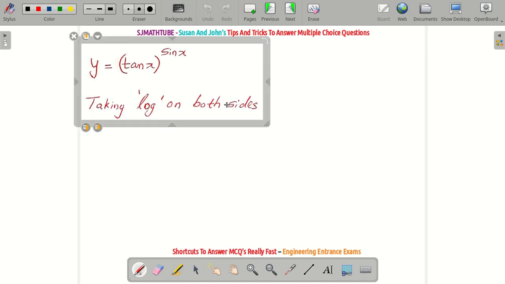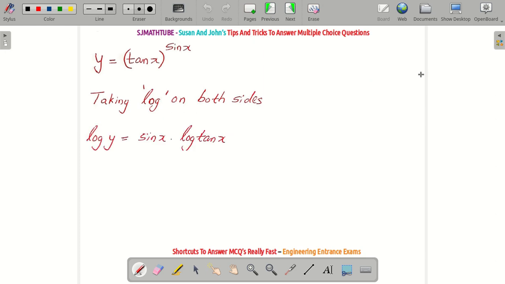The first thing we do is we take log on both sides. And I think you remember the properties of logarithm. What is log a to the power b? It's going to give you b into log a. So you take log on both sides, we get log y is equal to sin x into log tan x.